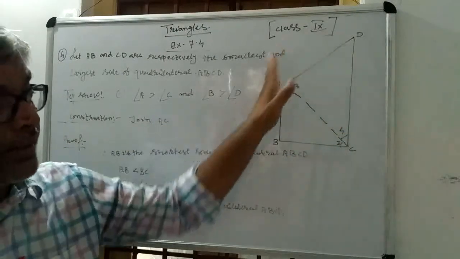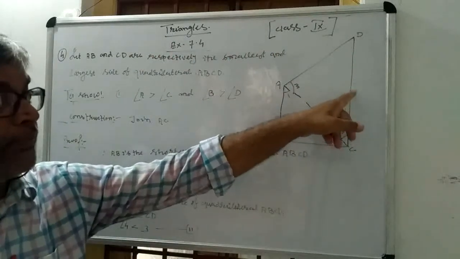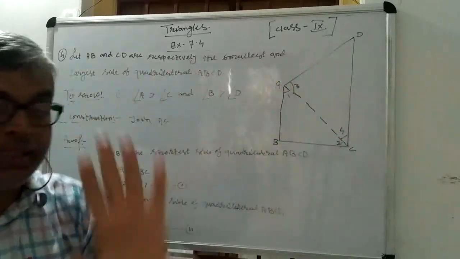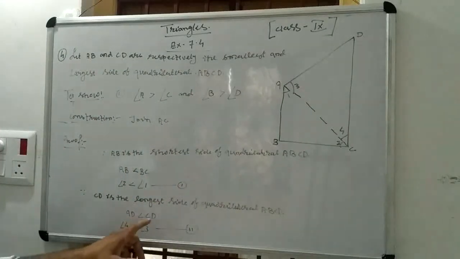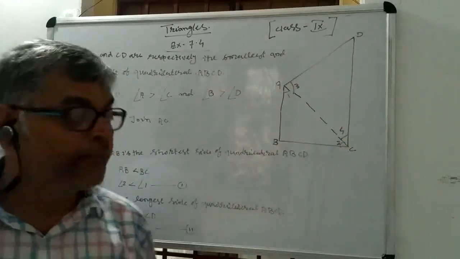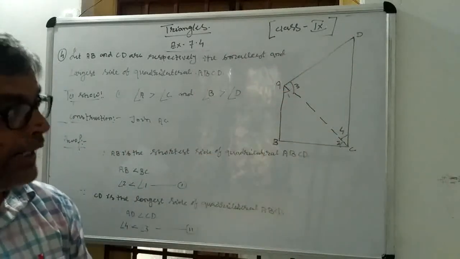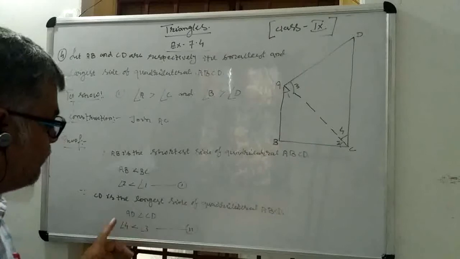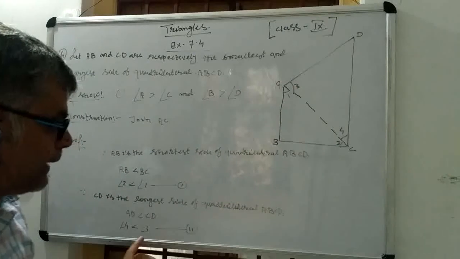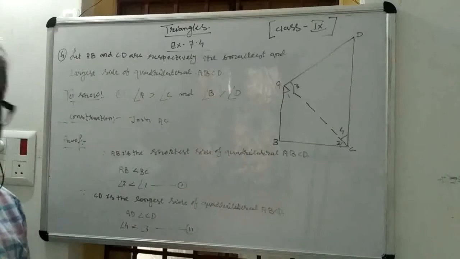CD is the largest side of the quadrilateral, so it is obvious that CD must be larger than AD, which means AD is smaller than CD. When AD is smaller than CD, the angle opposite to AD, that is angle 4, must be smaller than the angle opposite to side CD, that is angle 3. Now I am going to add equation 1 and 2.